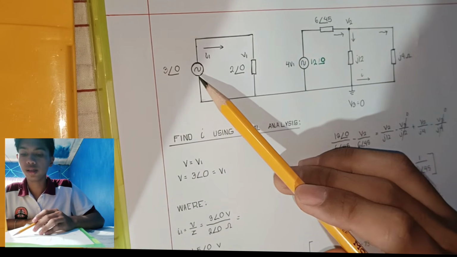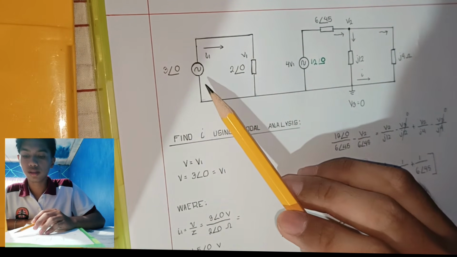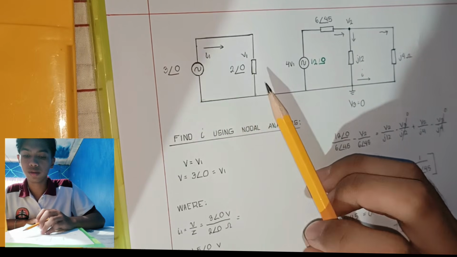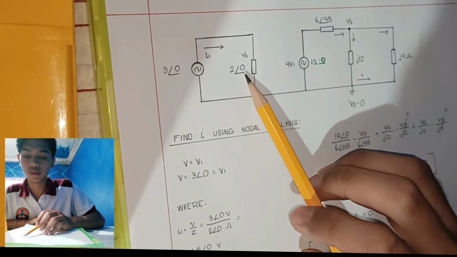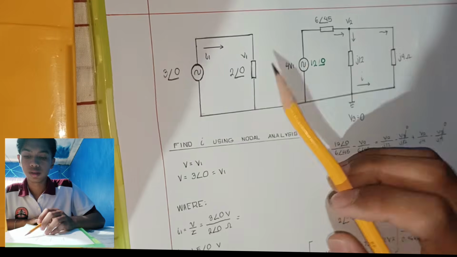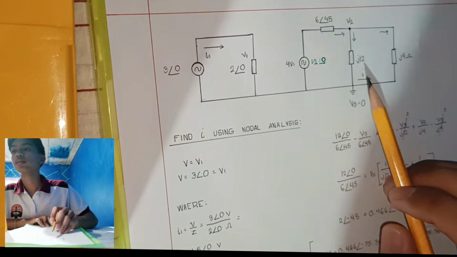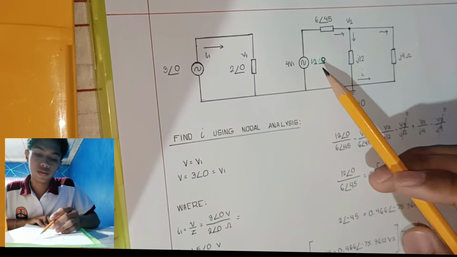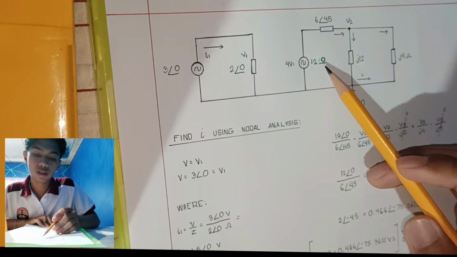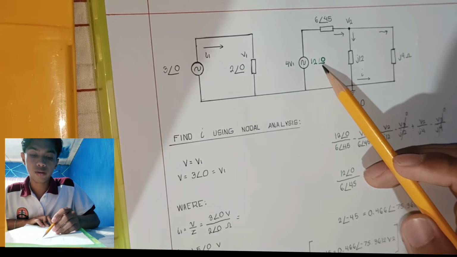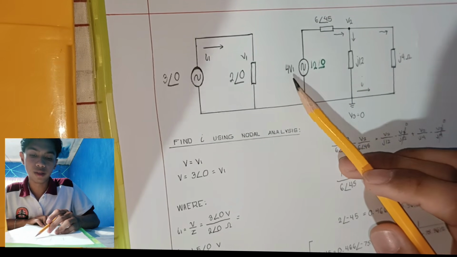On this side we have a voltage source of 3 angle 0 and one component which is 2 angle 0, and on the other side we have a voltage source of 12 angle 0, which we obtain from the formula for V1.